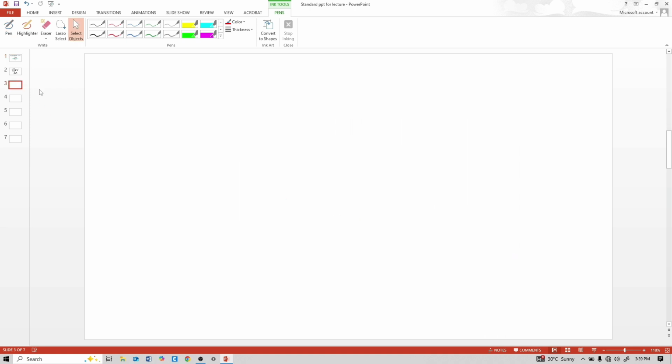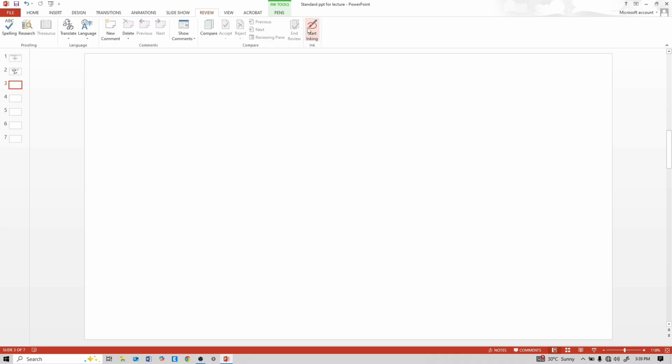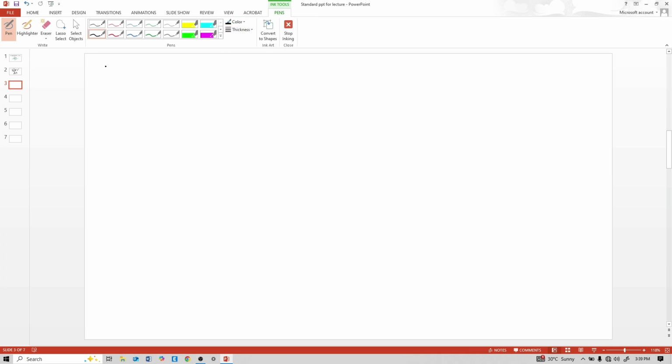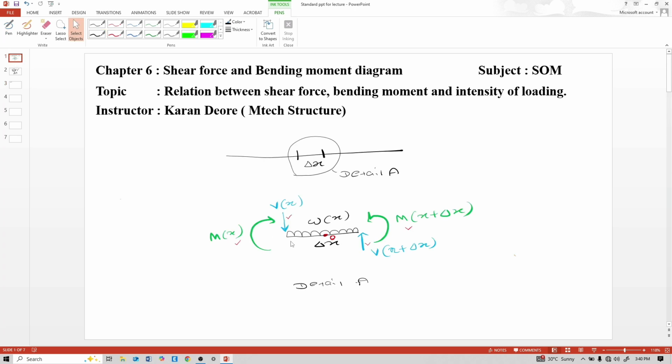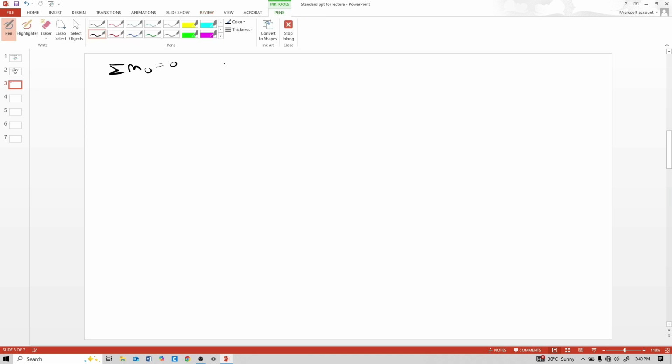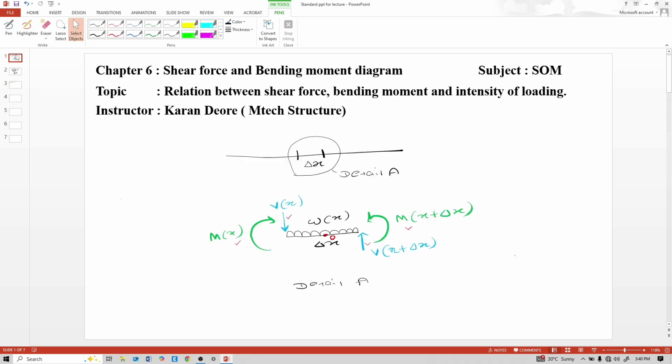Now take moment at point O. So see, consider clockwise as positive and anti-clockwise as negative. So this M of x is clockwise, so plus M of x.